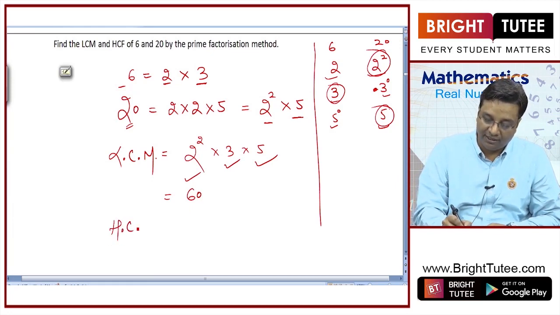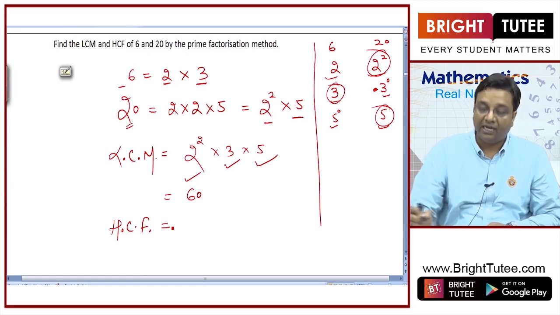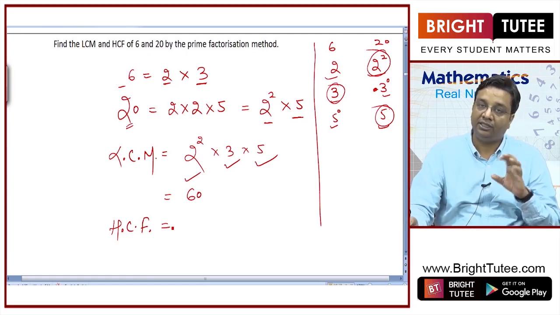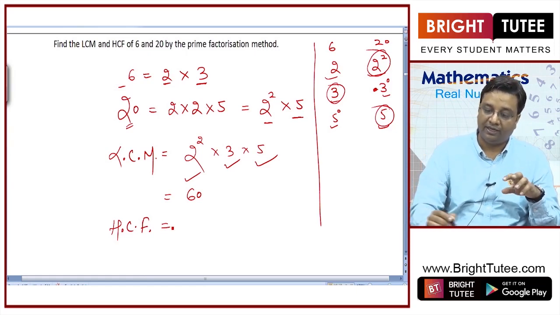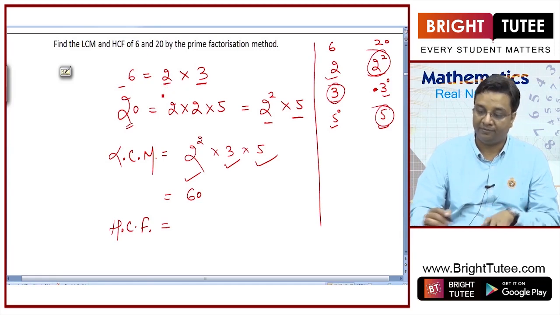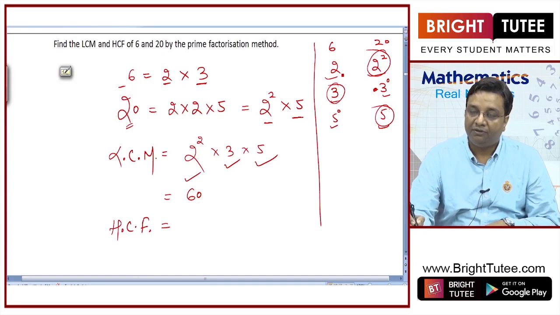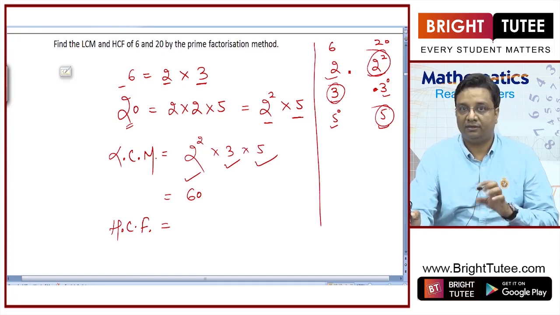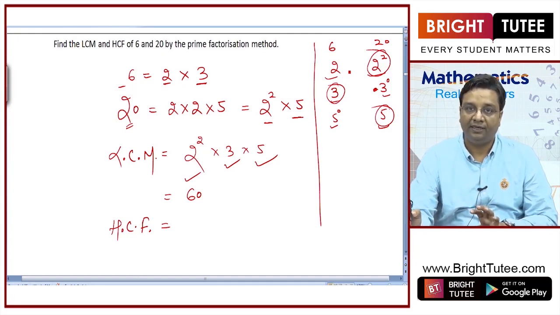And what is the HCF? Highest common factor. So it should be common to both, right? The factor should be common to both, and it should be the highest factor. So out of these we will select lower powers of primes, right?